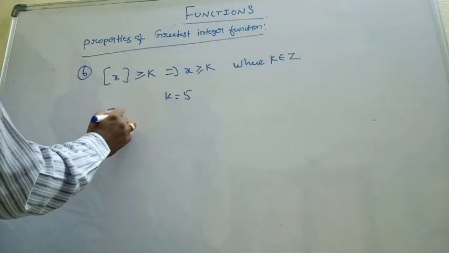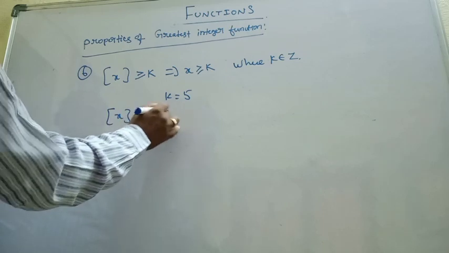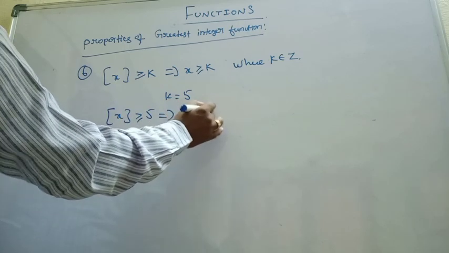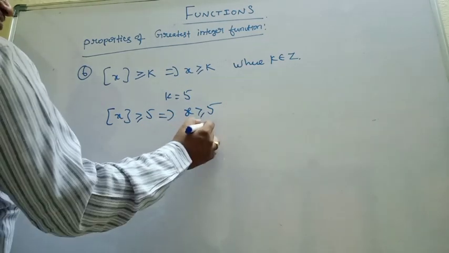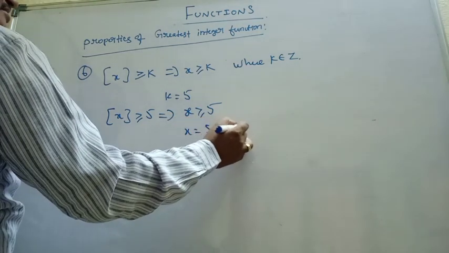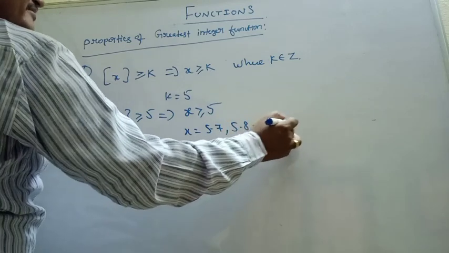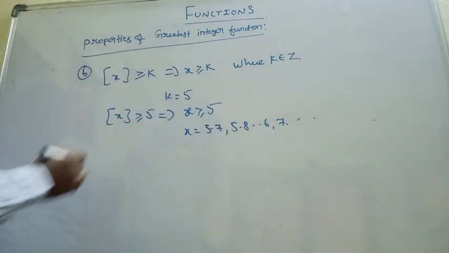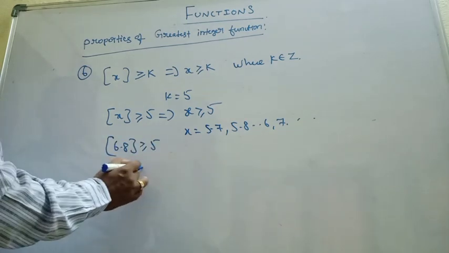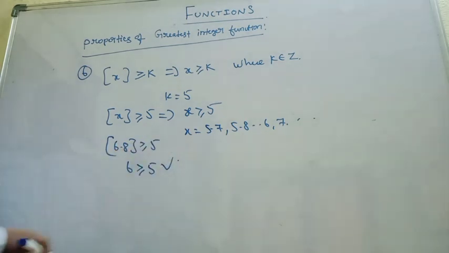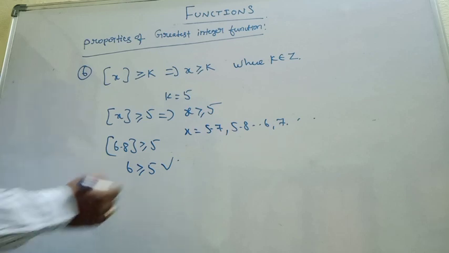Floor x greater than or equal to 5 means x should be greater than or equal to 5. That means x may be 5.7, 5.8, 6, 7, 8, like that. If you take floor of 6.8 is greater than or equal to 5, that means 6 is greater than or equal to 5. That is true. In this way, you can check the sequence of properties.